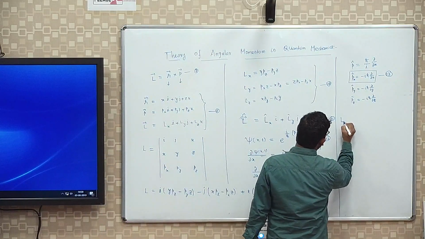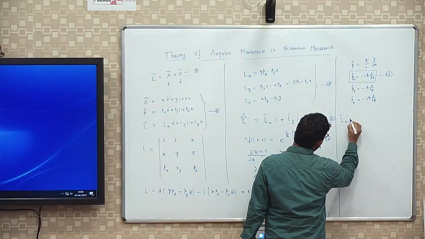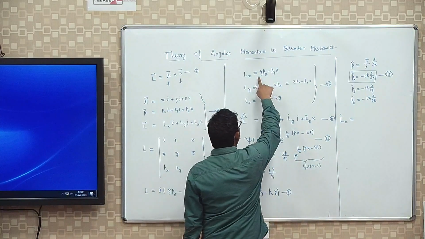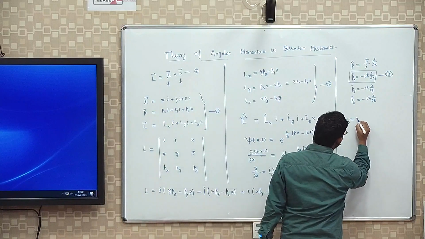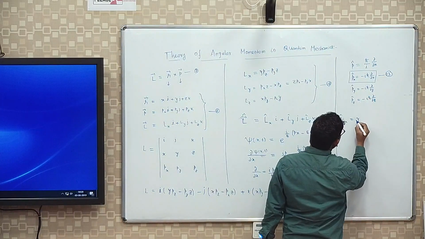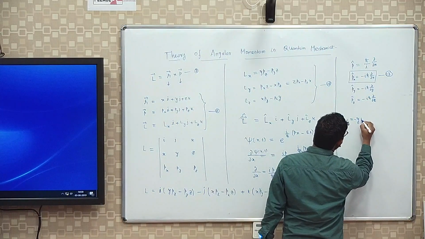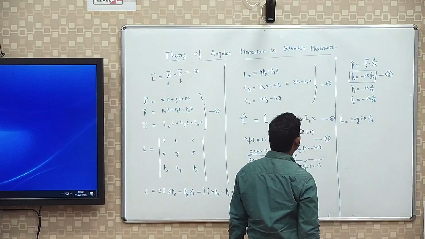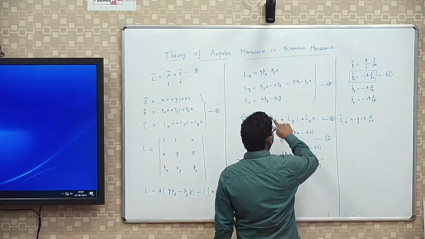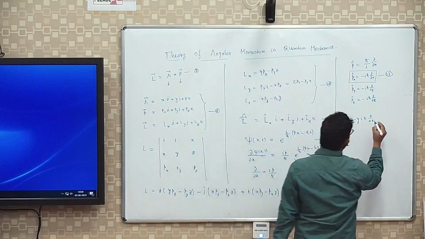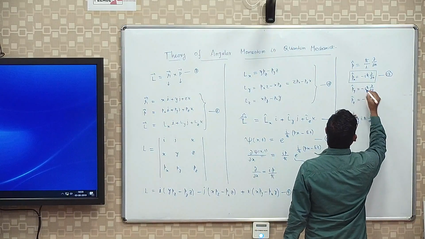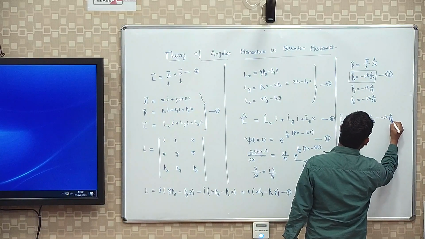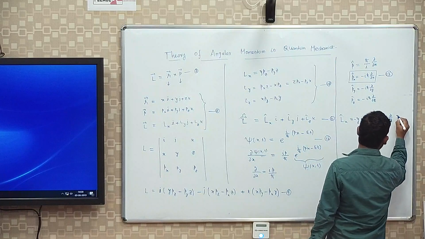So the Lx operator is nothing but y pz, where pz is minus i h cross dou divided by dou z, minus py, where py is also minus i h cross dou divided by dou y, times z.